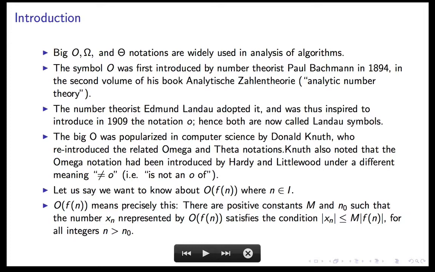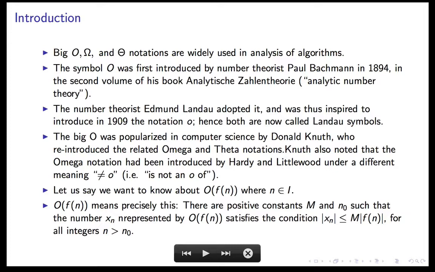Then number theorist Edmund Landau adopted it, and he used the notation small o, and both are now called Landau symbols. Then Knuth further worked on it and gave omega and theta notations. But then Hardy and Littlewood had used it as not the small o notation.